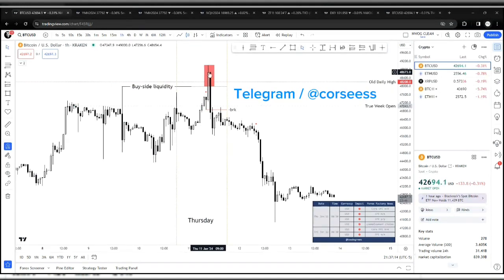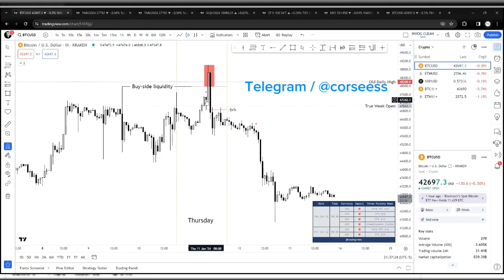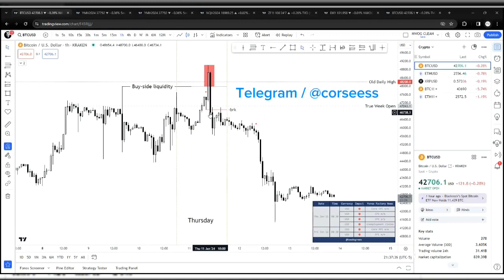After this happened, price shifted market structure below this low. This swing low right here. This is a swing low because this low is lower than the one to the left and the one to the right. Right? So this became a breaker when price closed below it.